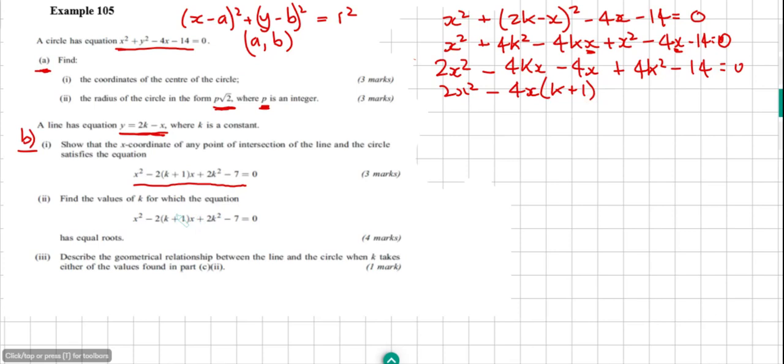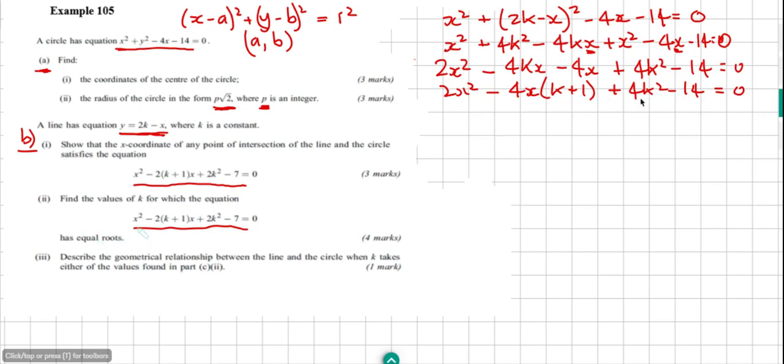So it's starting to look a little bit like what I'm trying to get to. And then we've got 4k squared minus 14 equals 0. The easiest thing probably to do at the moment is just divide through by 2.